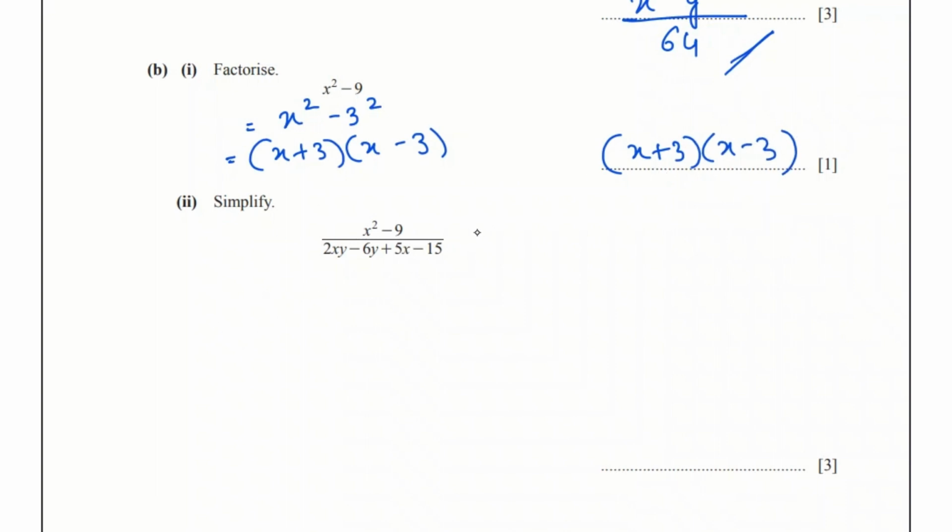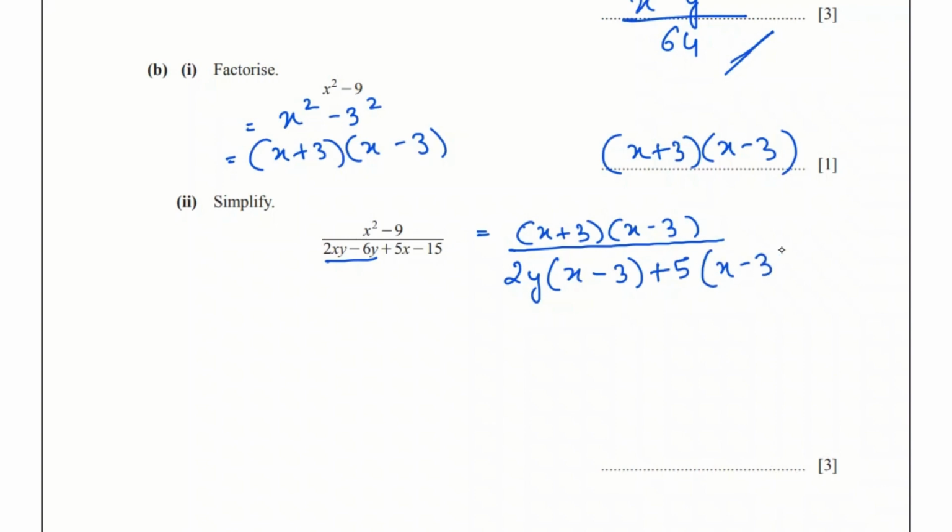Simplify. x square minus 9 will become x plus 3 x minus 3 whole upon, take the common terms, 2y, we are left with x minus 3 plus 5 x minus 3.